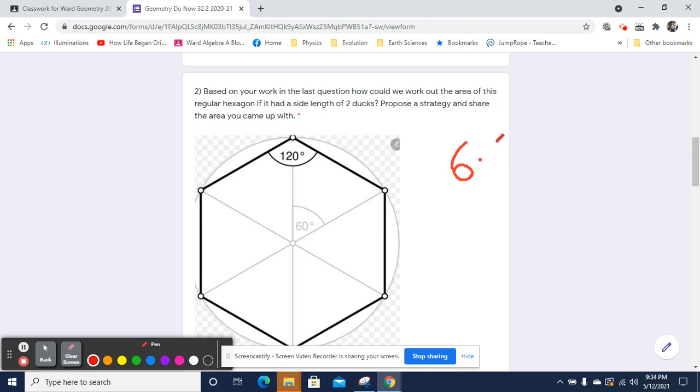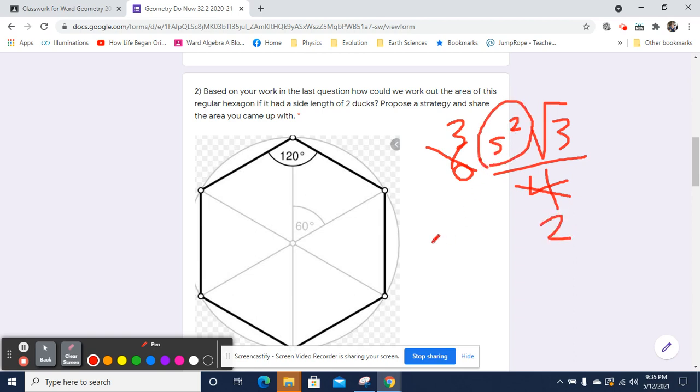So 6 times side squared root 3 over 4. And the 6 and the 4 can be reduced to 3 and 2. And so we just need the side squared plugged in. So it's going to be side squared 3 root 3 over 2 times side squared.